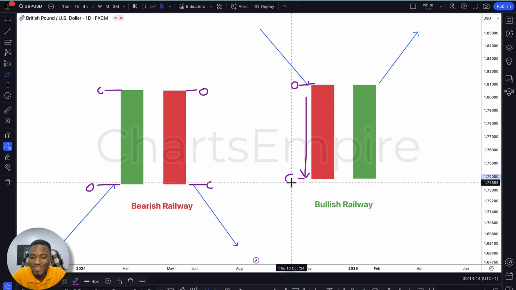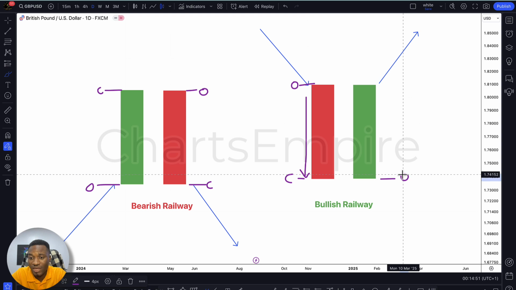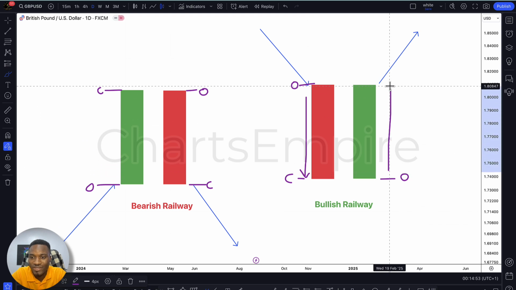You can see that. And on the next period, the buyers set in and they opened the price at a lower section, and they ended up pushing the price to the same level as the opening of the bearish candlestick, whereby we have the close at the same level. So this is equidistant or the same level.